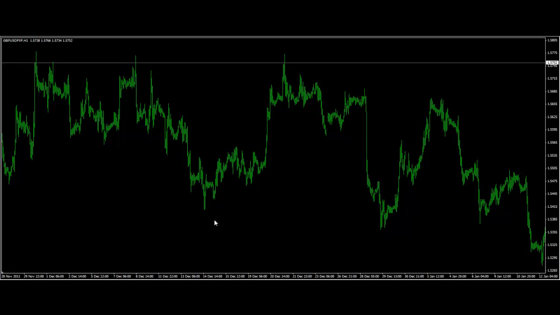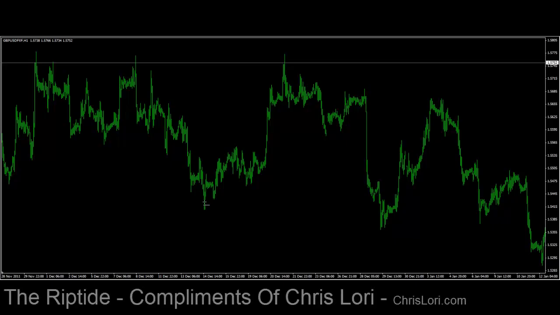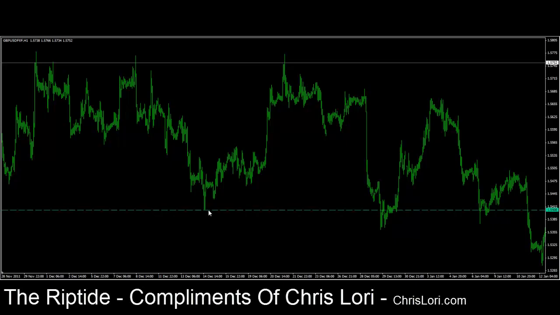This low breaking below this low here is more correctly referred to as a riptide reversal. In other words, we have a significant low, we've traded some time away from it, and then once we broke below it, the riptide reversal is we'll trade back away from that broken low.